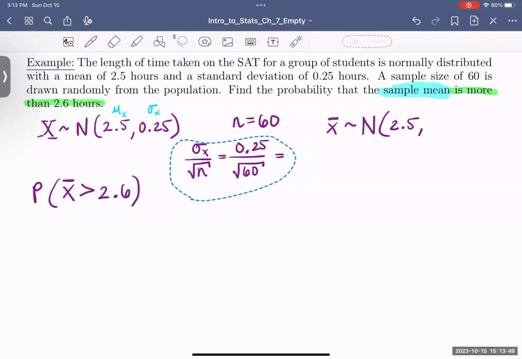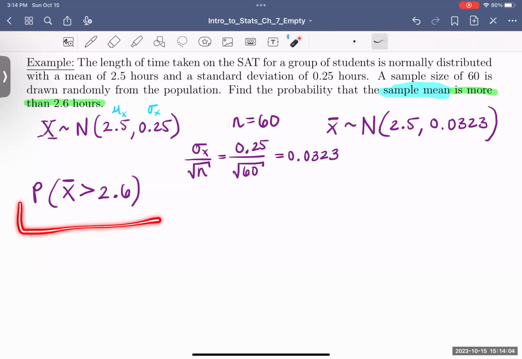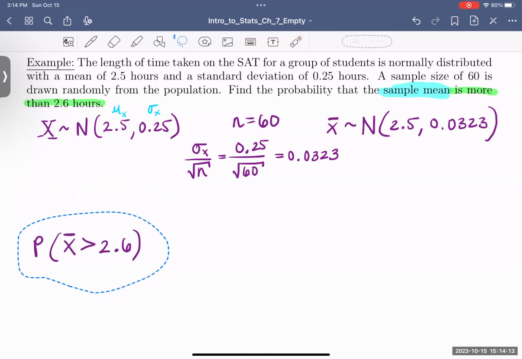So I put this in my calculator and round to the fourth decimal, and I should have 0.0323. That's going to be the standard deviation I use when I calculate the sample mean, or the average of those 60 students, being greater than 2.6 hours.